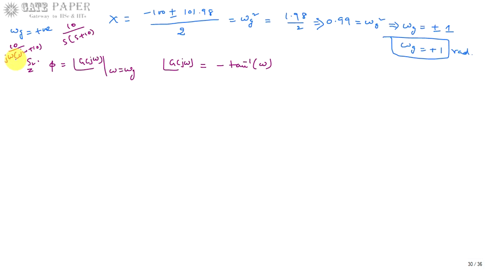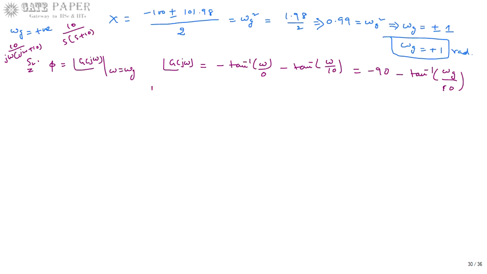For the j omega in the factor, there is no real part, so this is omega by 0, minus tan inverse of omega by 0, minus tan inverse of omega by 10. Tan inverse of omega by 0 is infinite, so that gives minus 90. Next, minus tan inverse of omega, replaced with omega G, divided by 10.